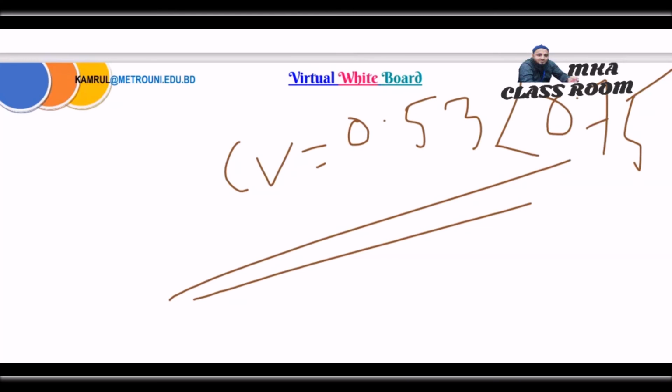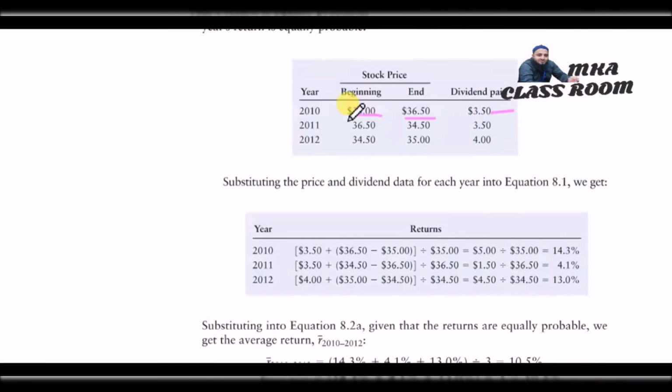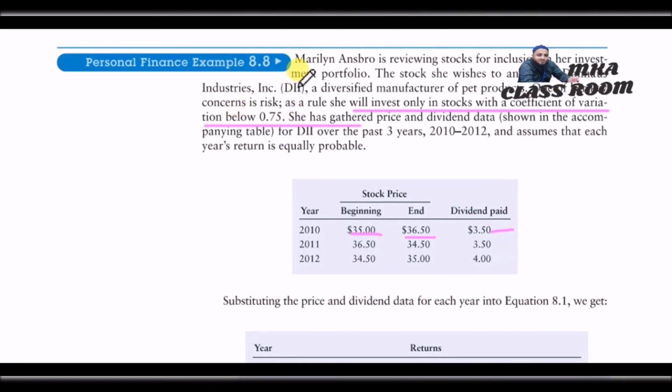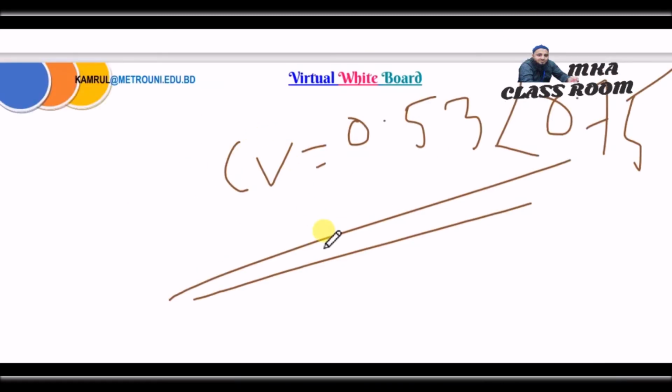So from our calculations it is seen that Marlene Ansbro can invest in Danhaus Industries because its CV is less than 0.75.